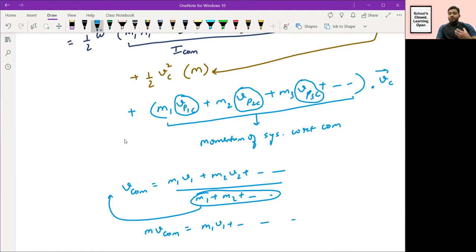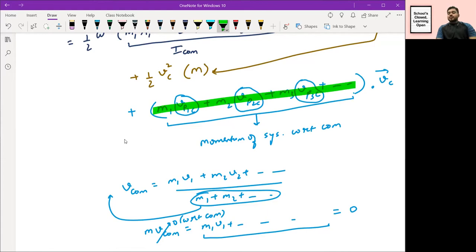Now, if we see the complete system with respect to center of mass, we already know that center of mass will always be at rest with respect to center of mass, right? So velocity of center of mass with respect to center of mass is always going to be zero, correct? So the momentum of the system is also going to be zero with respect to center of mass. So this expression is going to be zero.